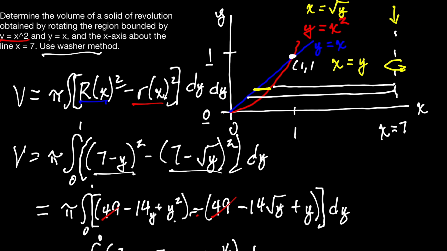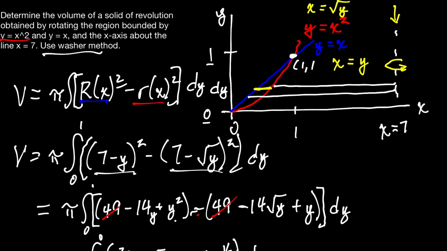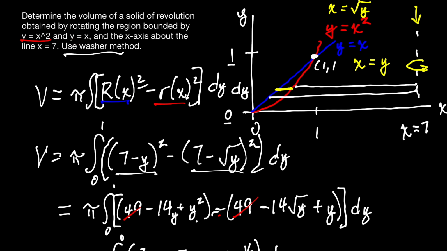This is my personal preference, I prefer to do things dx, especially because this problem was originally set up in terms of x. So here I had to turn around and make it into y's. It's doable, but now I'm dealing with radicals and dy's. Not my favorite thing, but it might be your favorite thing.